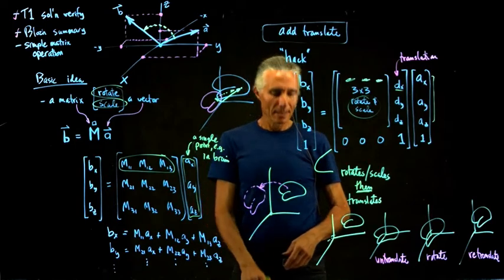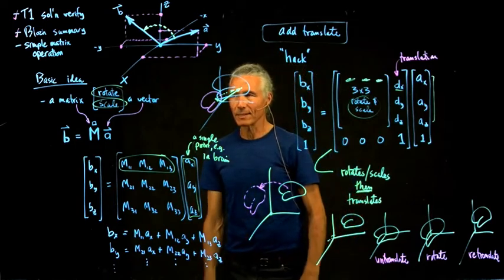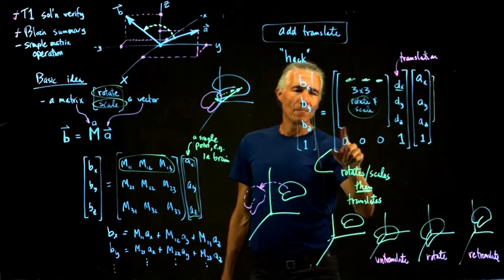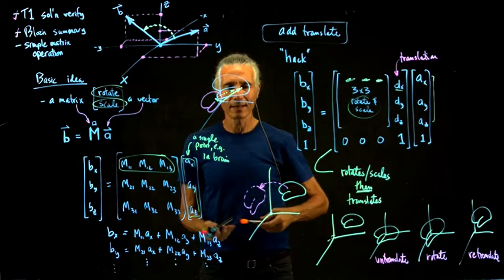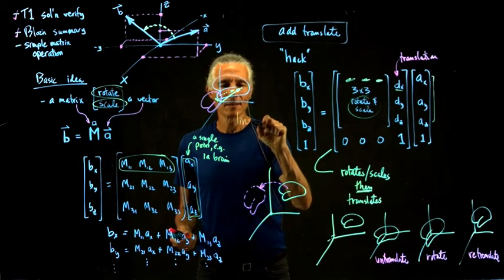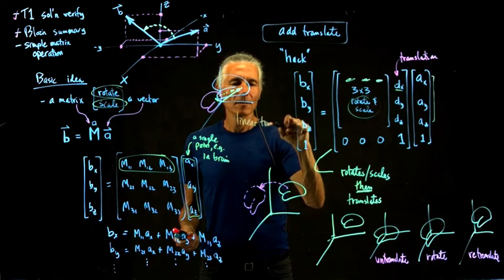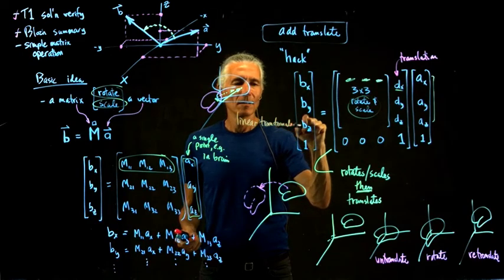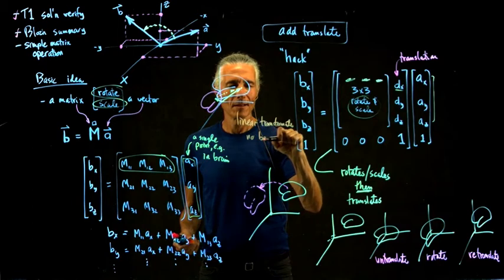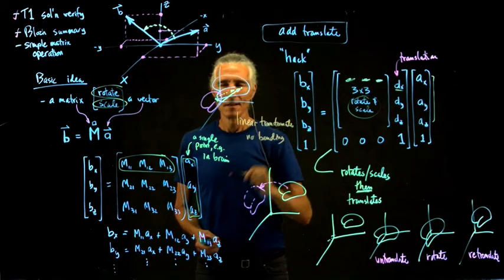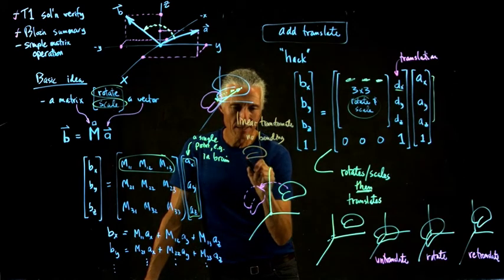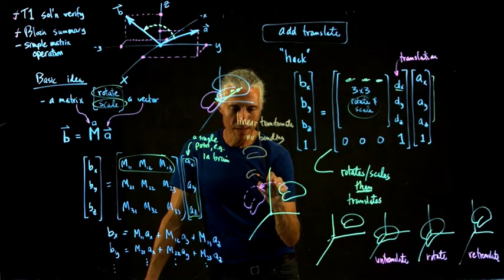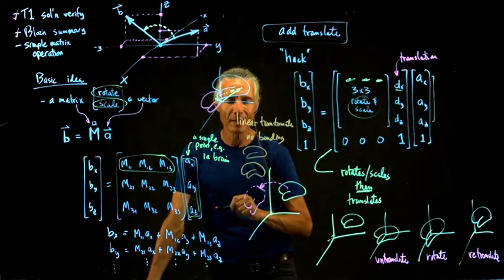This kind of matrix is commonly used. It can only do a linear transformation. So let's say for a second what a linear transformation is. A linear transformation: no bending. One thing we can't do is take a brain like this and bend it so that it resembles a bent brain. We can't do that.